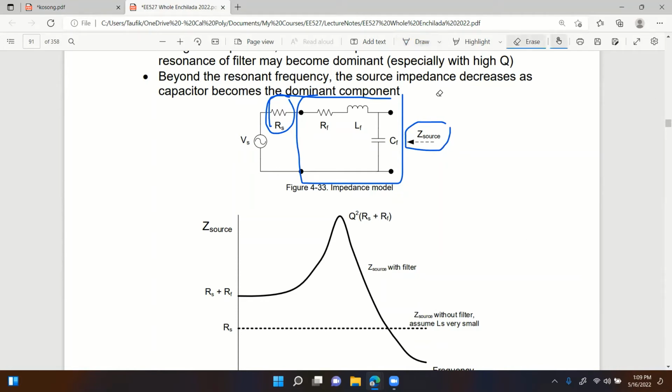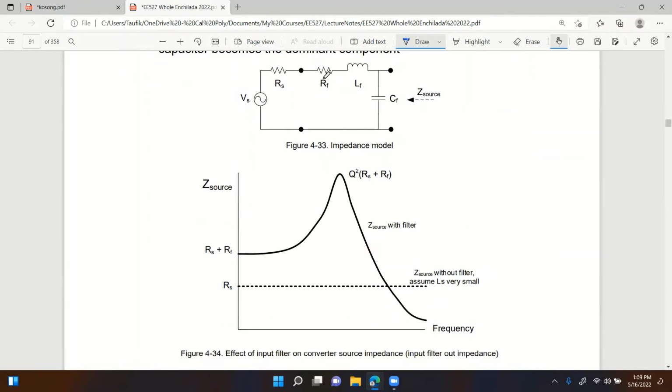And the frequency response of this filter, at low frequencies, is similar to the input impedance of the power supply. So don't get this mixed up, okay? This is the output impedance of the input filter. Z out of input filter.